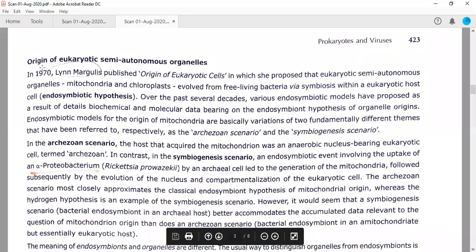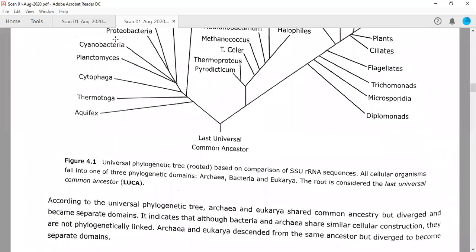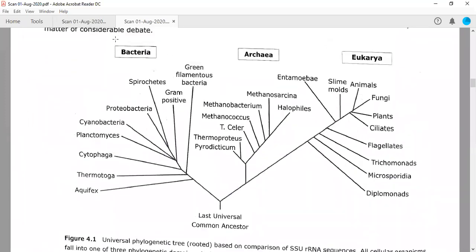So the next paragraph is actually about the origin of eukaryotic semi-autonomous organelles. As we have discussed, the two semi-autonomous organelles are mitochondria and chloroplast. So look here, this is bacteria, and it has proteobacteria and cyanobacteria.